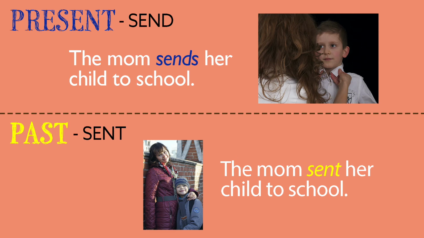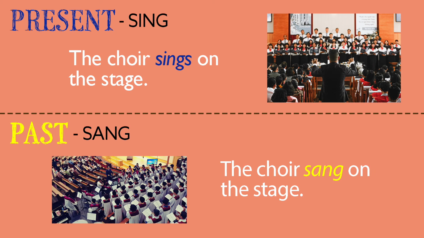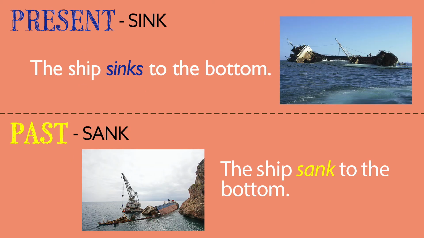Send. The mom sends her child to school. Sent. The mom sent her child to school. Sing. The choir sings on the stage. Sang. The choir sang on the stage. Sink. The ship sinks to the bottom. Sank. The ship sank to the bottom.